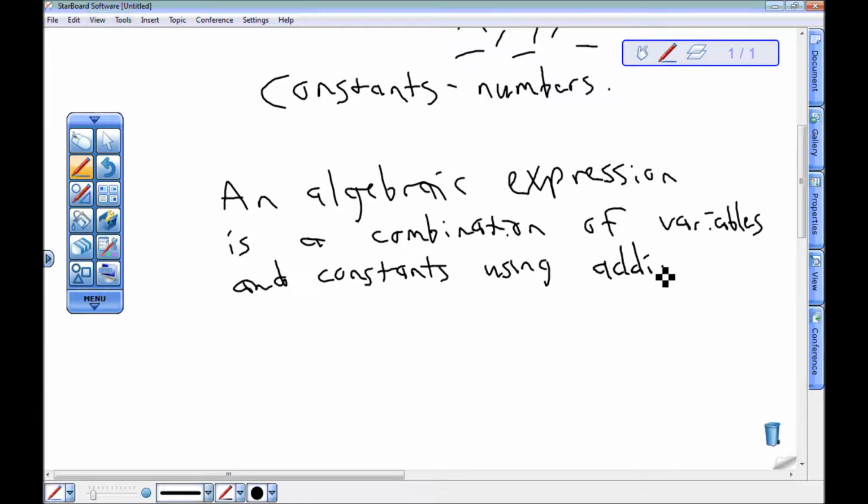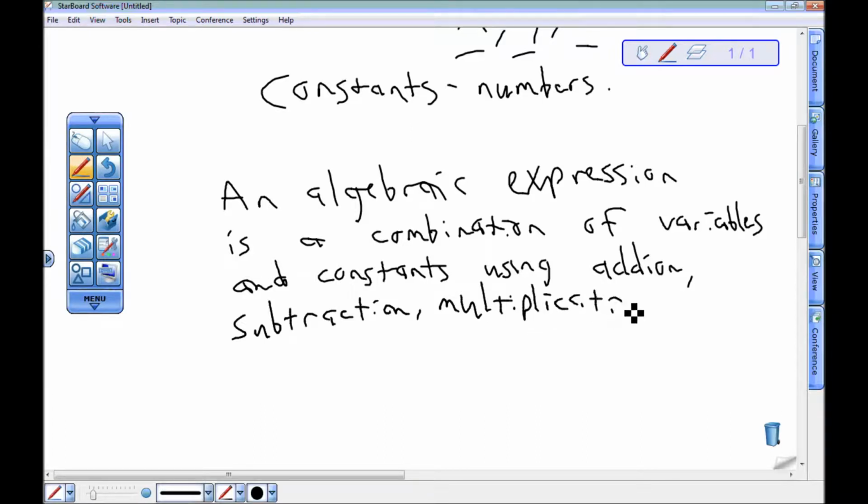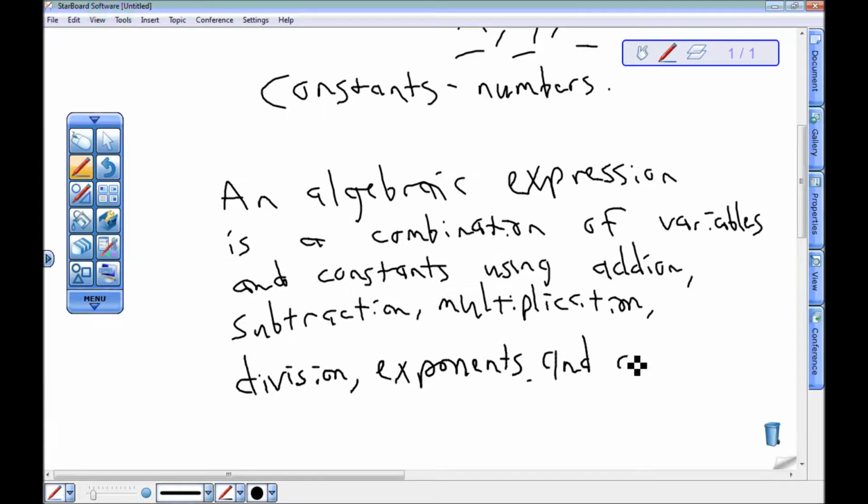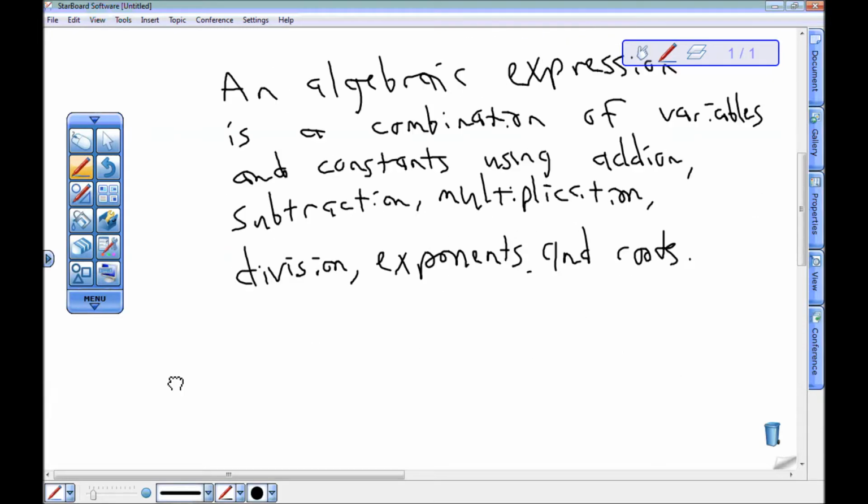Addition, subtraction, multiplication, division, exponents, and roots. Most of the things we think of when we think about math or arithmetic, that's what we use to build algebraic expressions along with variables.